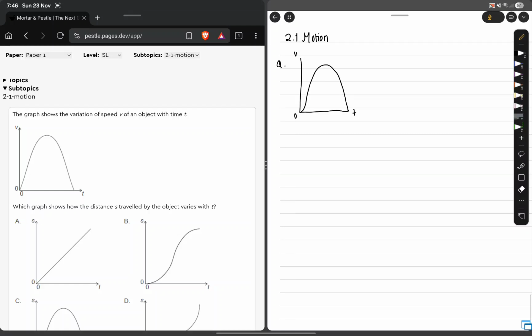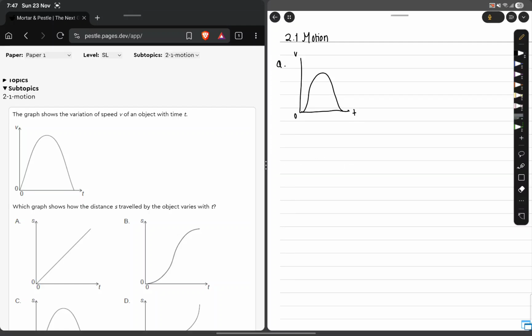What this means is that there's an object, and right now it's increasing in velocity. So when I'm throwing it, it's most likely a projectile. The velocity is increasing, and then the ball starts to speed up, and then it starts to slow down.